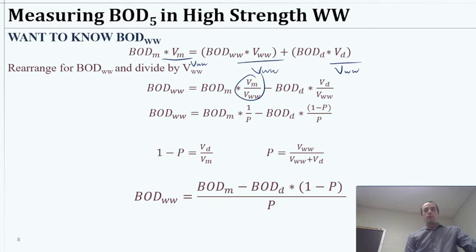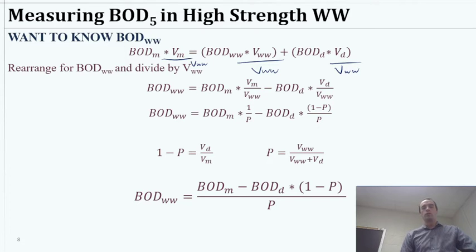And then we subtract from that what was remaining over here. It's the BOD of the dilution times volume of dilution over the volume of wastewater. And here's where they insert a little bit of that algebra to get to here. I think they're just doing that to put everything in terms of P. Now, obviously, we need the volume of dilution and the volume of the wastewater to know P, so it's kind of moot, and I almost feel like it would be simpler to leave it as it was, but that's what the book wants to do.